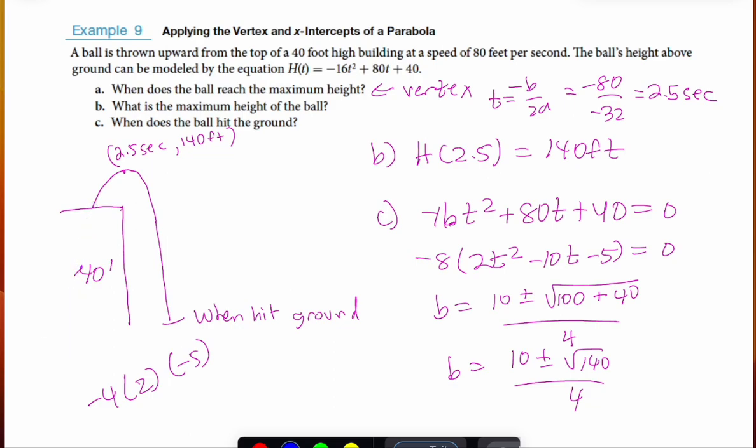No, it's going to represent a negative time. So over here isn't the number we want. So the negative one isn't going to work. So it would be the plus answer. So the answer would be 10 plus the square root of 140 over 4. Let me tell you when it hits the ground. So it hits the ground at, oh, that was a T. They used T, so let me put a T on there. At 5.5 seconds.